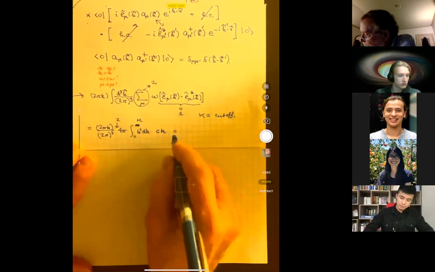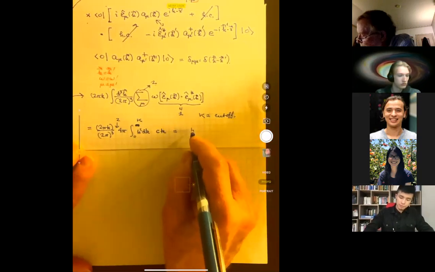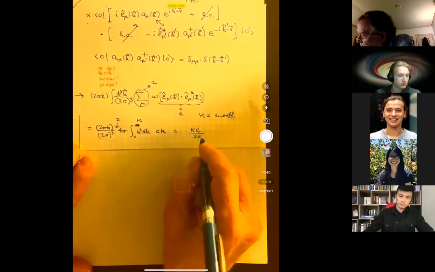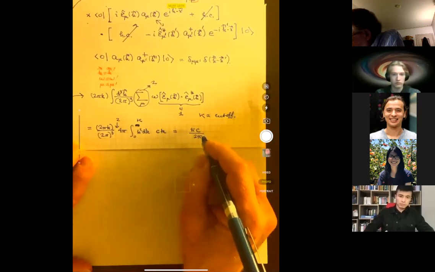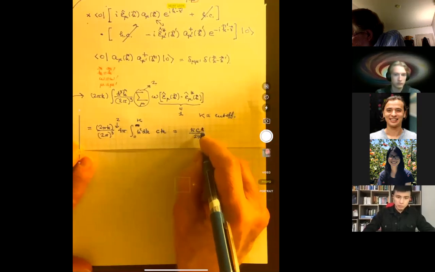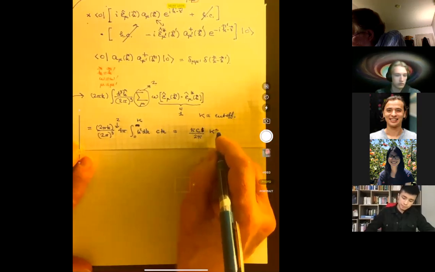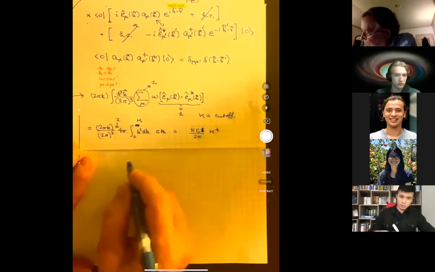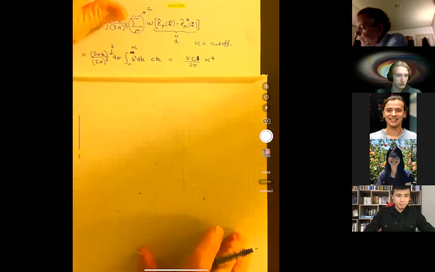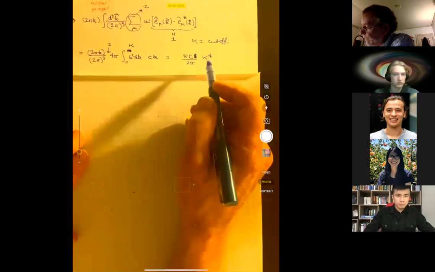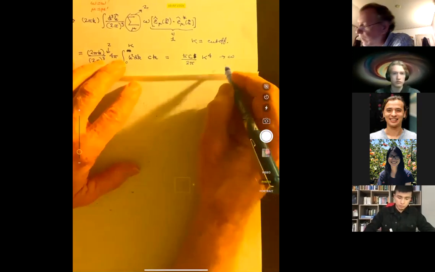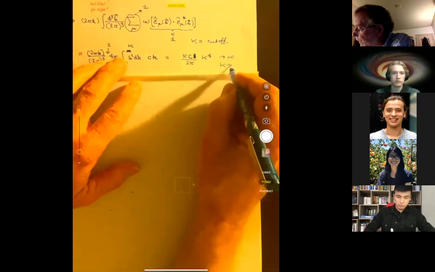But if you put this all together, here's what you get: h bar c divided by 2 pi times capital K to the fourth. It had to go as the fourth power of this k. And so this then goes to infinity as k goes to infinity, as the cutoff goes to infinity.